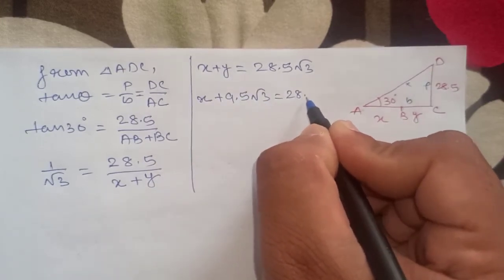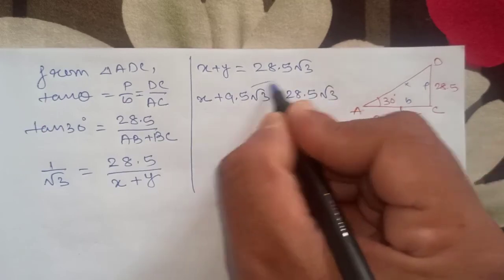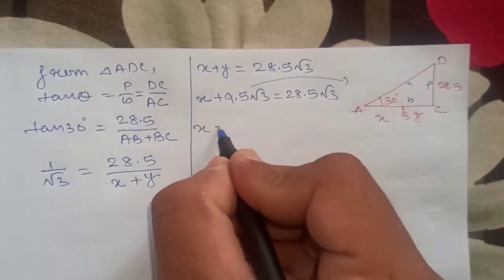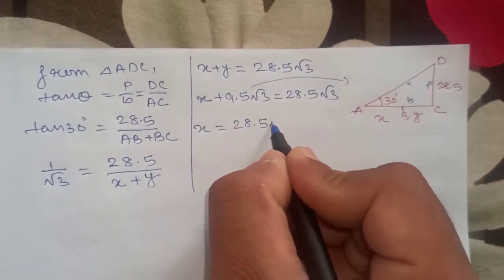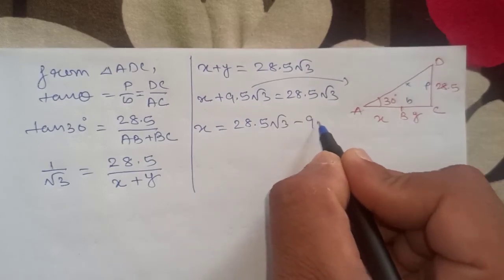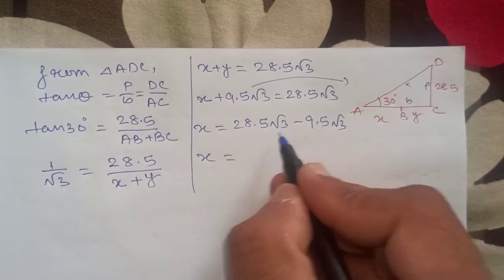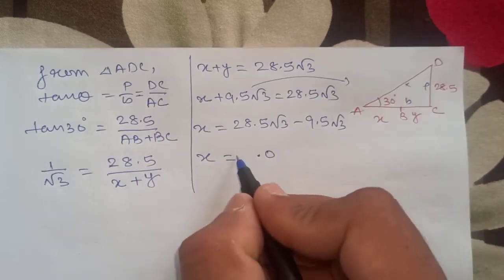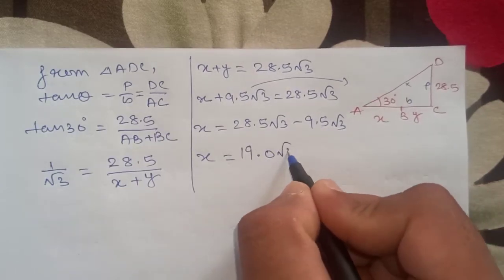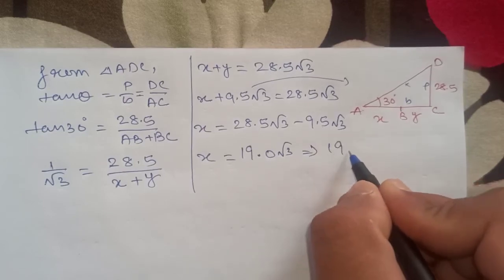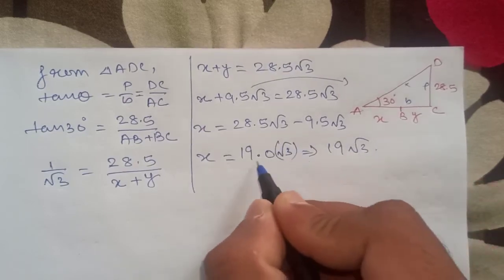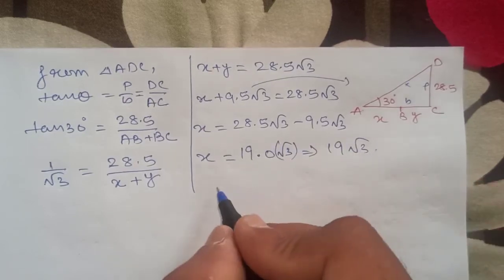Bring this side and subtract: X equals 28.5 root 3 minus 9.5 root 3. How much do we get? 19.0 root 3, that is 19 root 3.